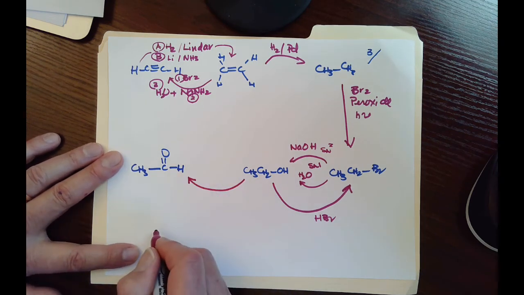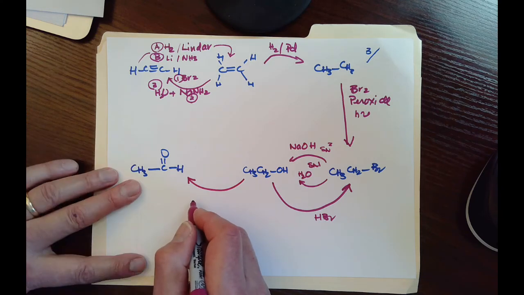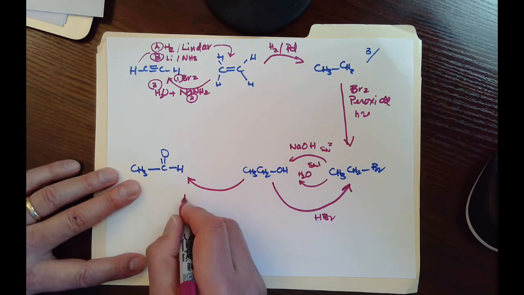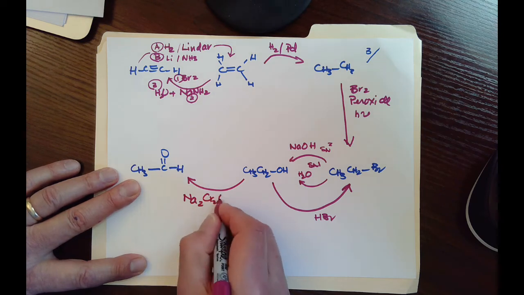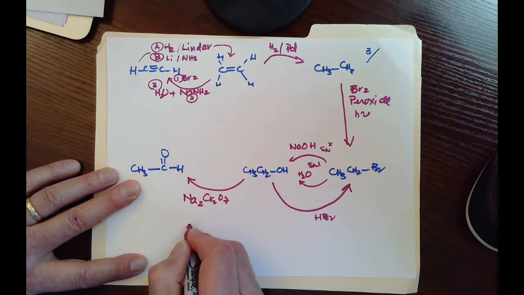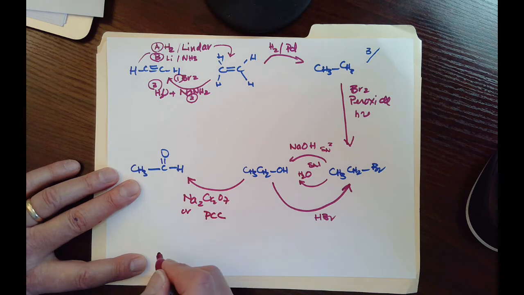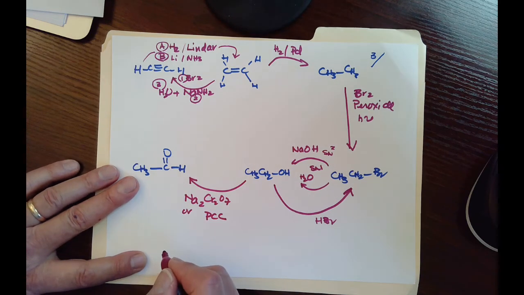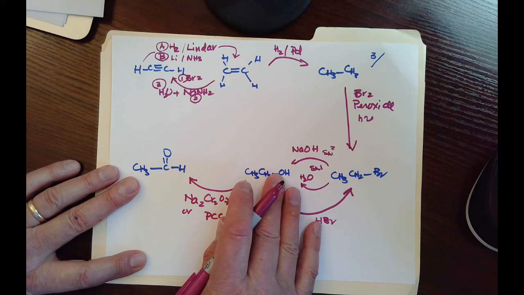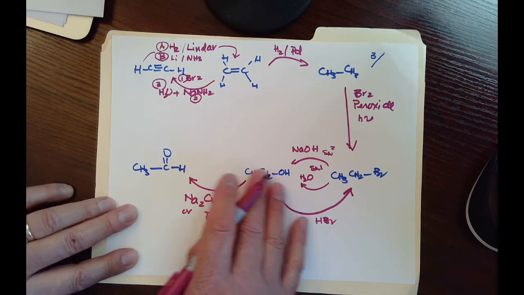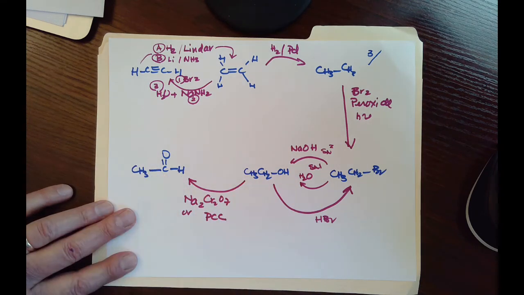We talked about it today. We can use sodium or potassium dichromate, which we learned in general chemistry, or we can use what's nicknamed PCC. We learned that today, for a primary alcohol to an aldehyde. Again, going from alcohol to an aldehyde, we need to do the oxidation.